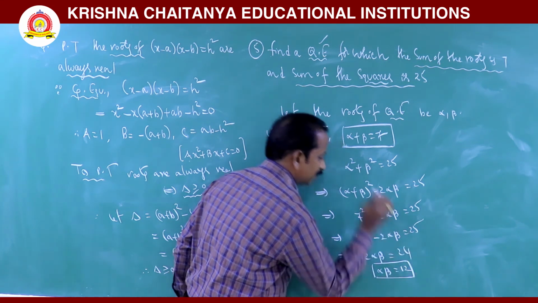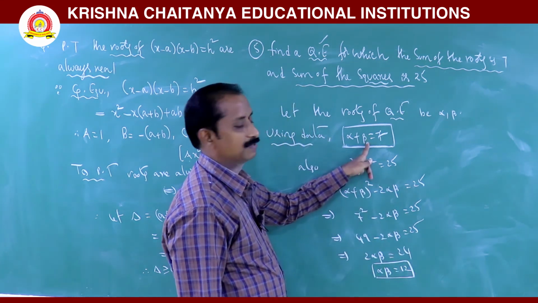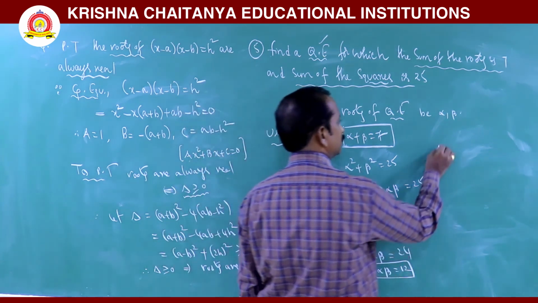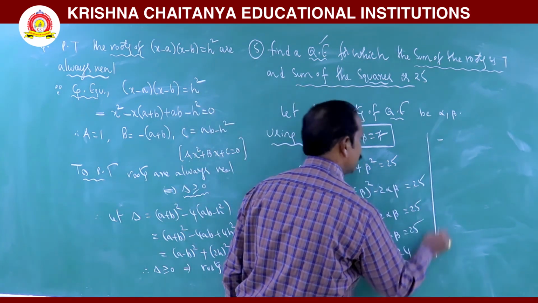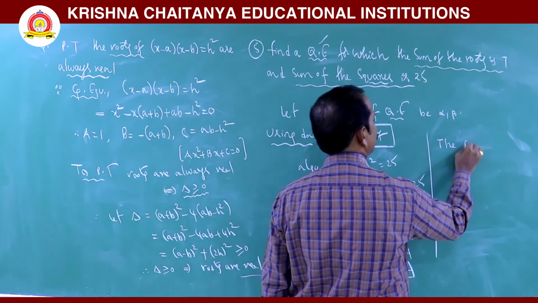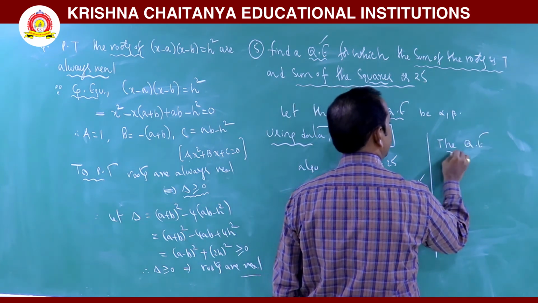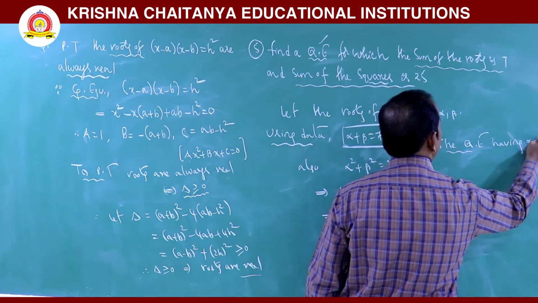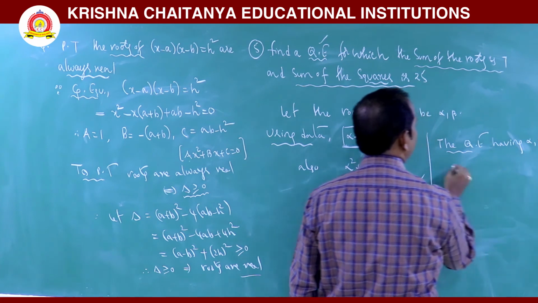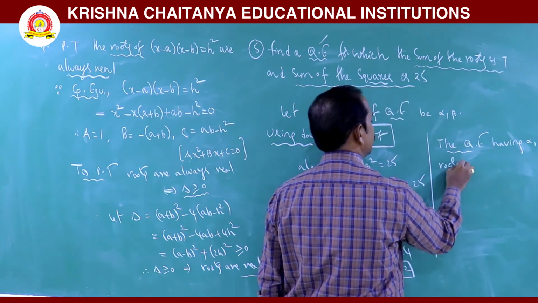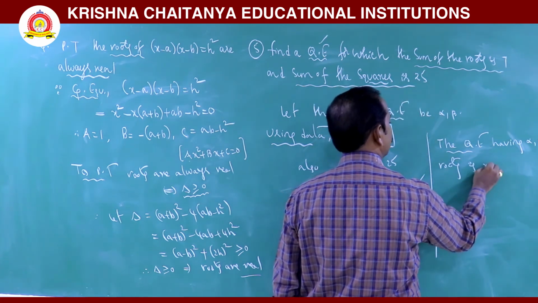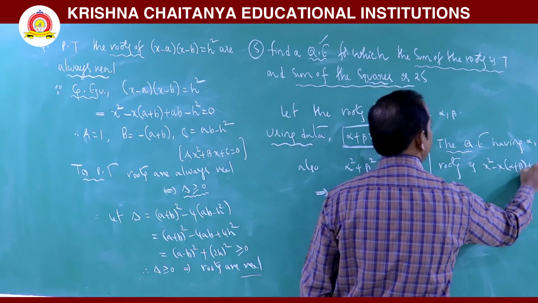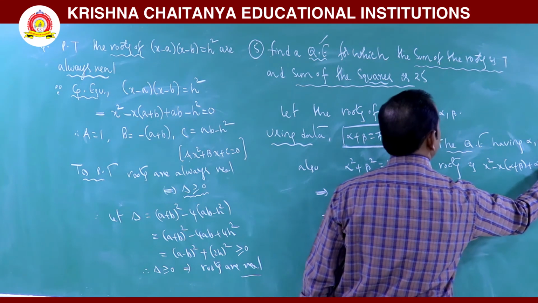What we know is the product of the roots and the sum of the roots. When the product and sum of the roots are known, we can form the required quadratic equation. So the required quadratic equation having alpha comma beta as roots is x square minus x into alpha plus beta plus alpha beta is equal to 0.